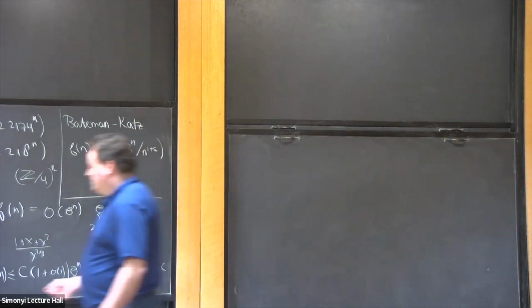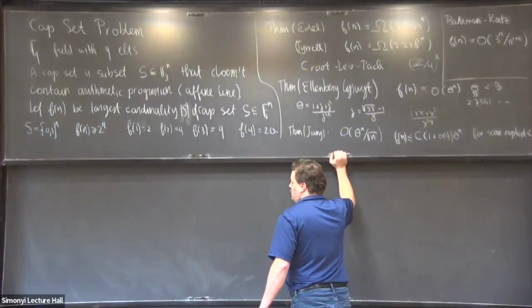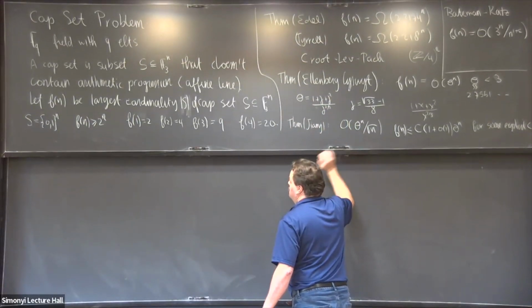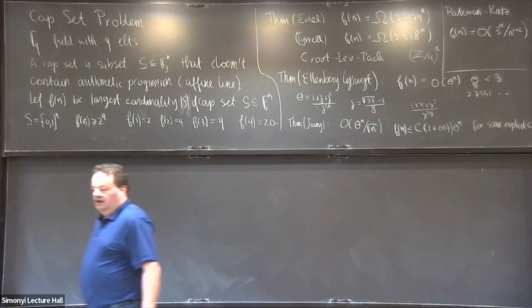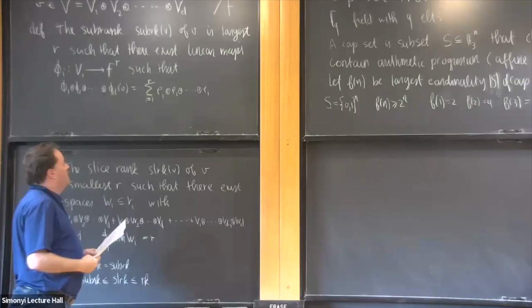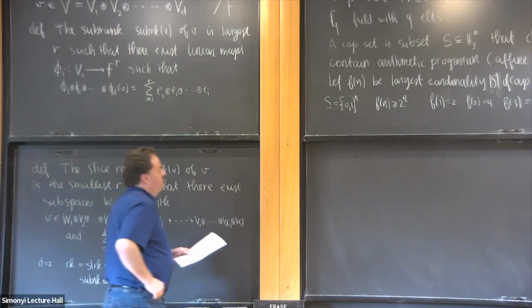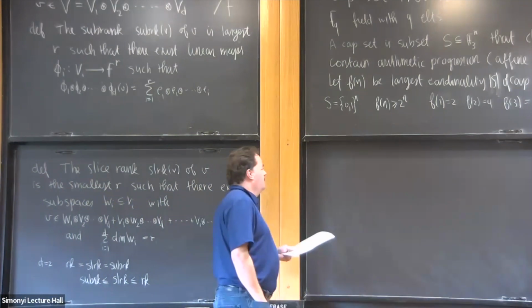So how does this relate to tensors? Well, it's in the proof of Ellenberg and Gijswijt. But in this blog of Tao, he described, and there are actually 2 blog posts that are relevant, or at least 2, maybe more.